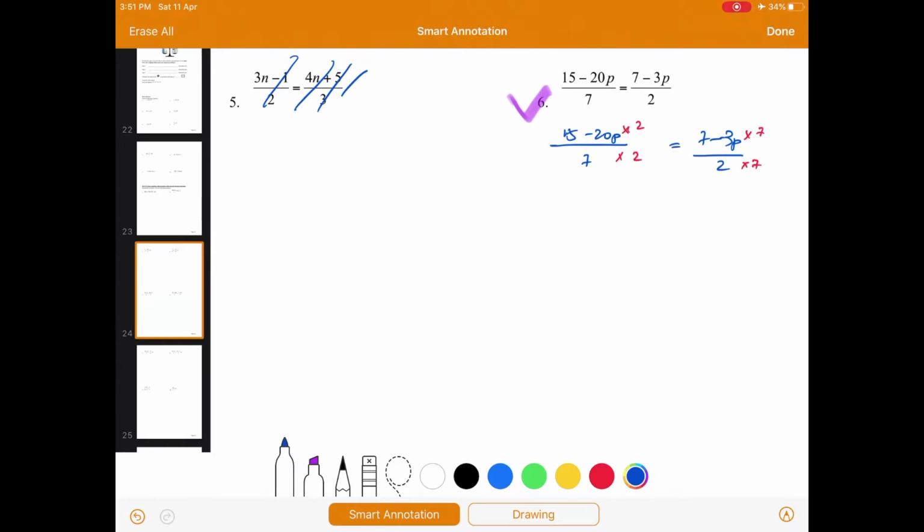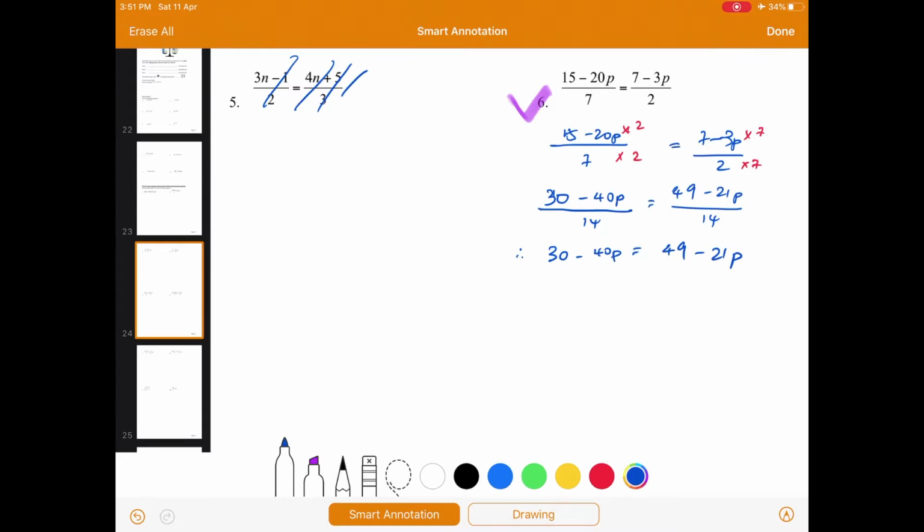Numerator, I will get 30 minus 40p over 14. On the right hand side, we will get 49 minus 21p over 14. Now that the two fractions have the same denominator, it would imply that their numerators are equivalent. So therefore, 30 minus 40p is equivalent to 49 minus 21p.